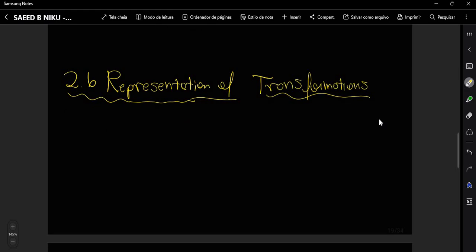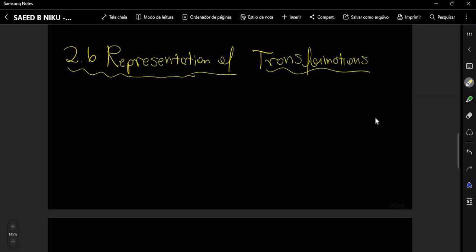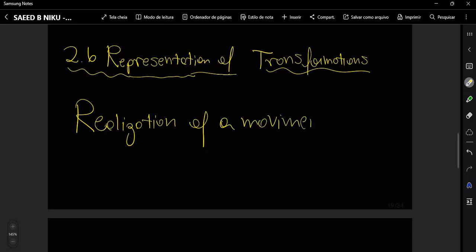Okay, so a transformation is defined as the realization of a movement on the space.